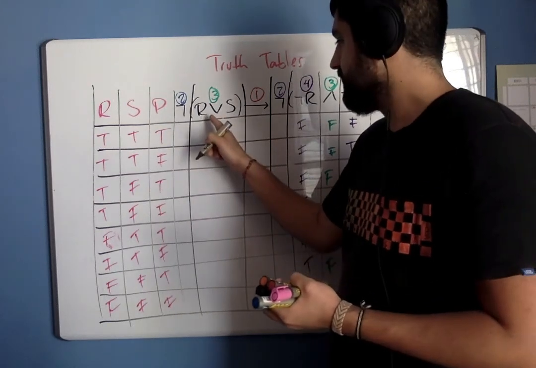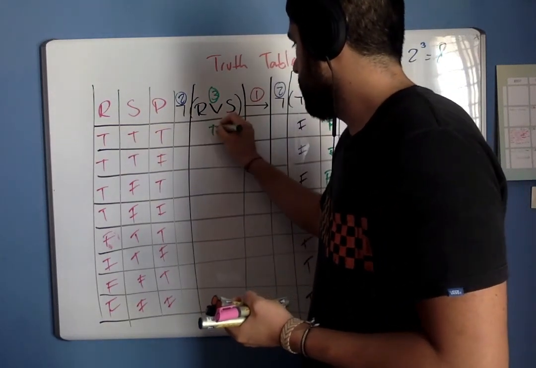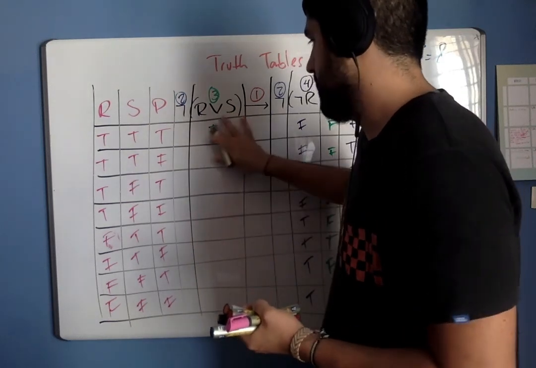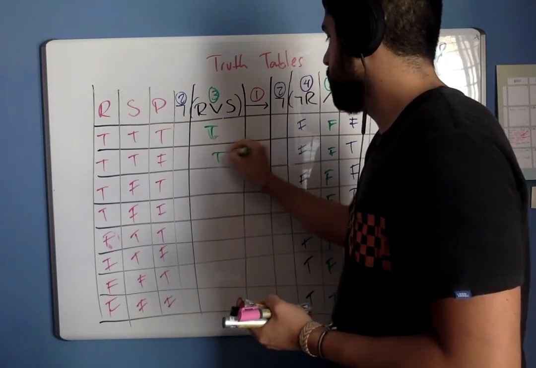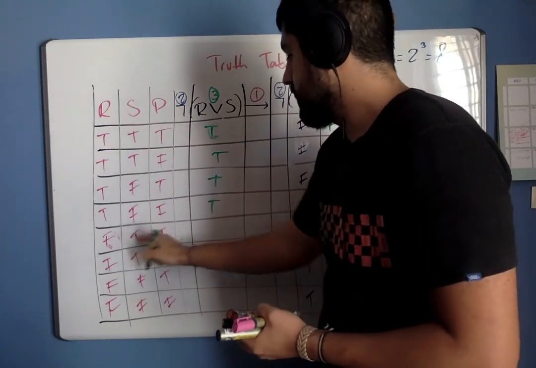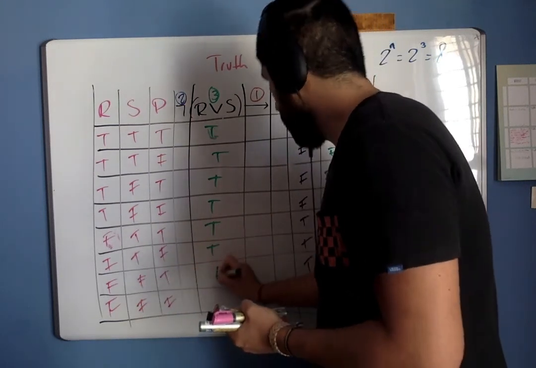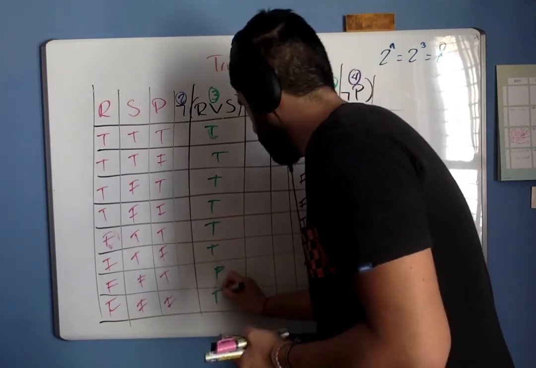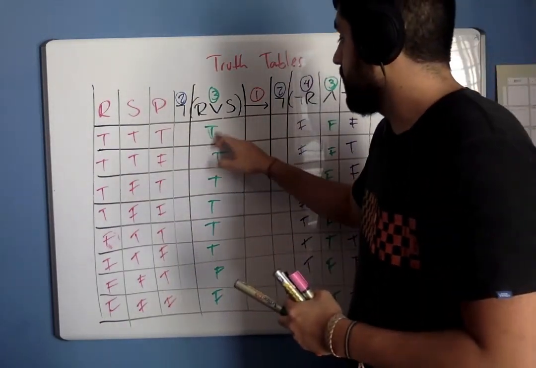So we have R and S. True and true, this is going to be true. True and true, sorry, I wrote a false. True, true and true, true, true and false, true, true and false, true, false and true, true, false and true, true, false and false, false, and false and false, false. Okay? Now, we already solved number 3.